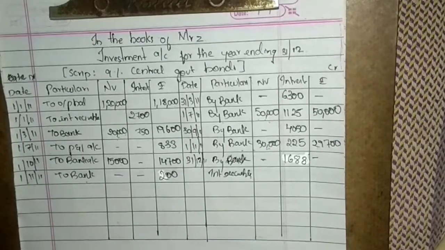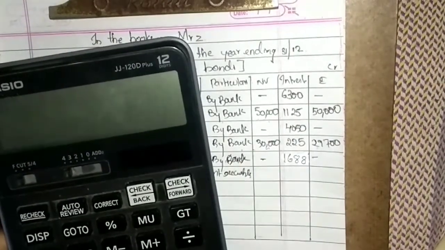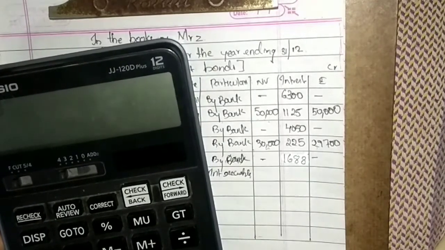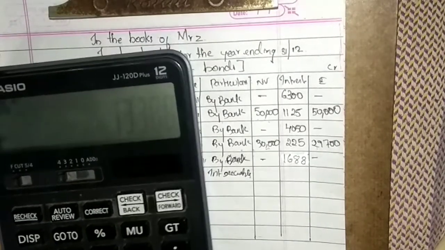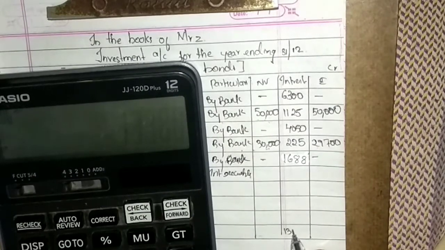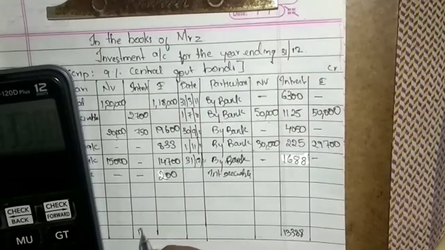Okay. Now we'll add this interest column, that is 6,300, 11,125 plus 4,050 plus 225 plus 1,688. Okay, 13,388. We'll write here 13,388 in the interest column.